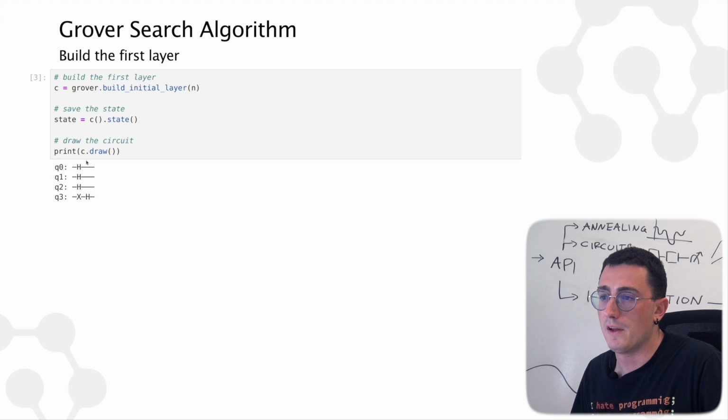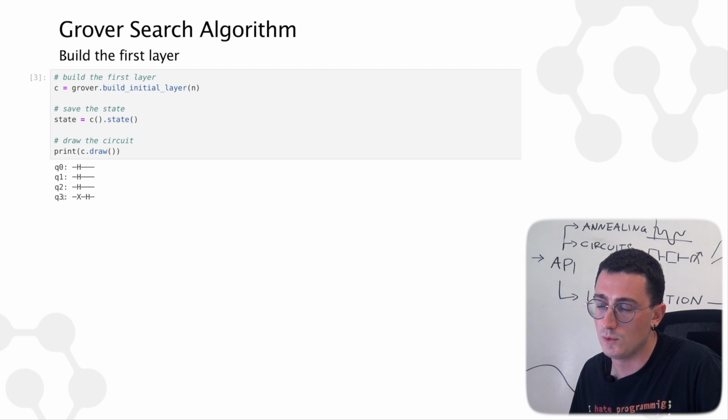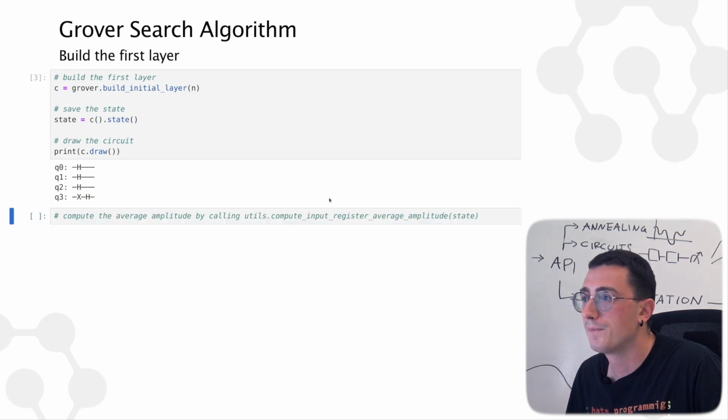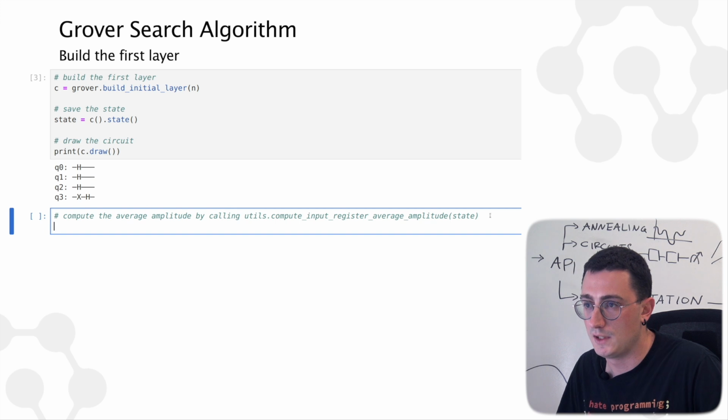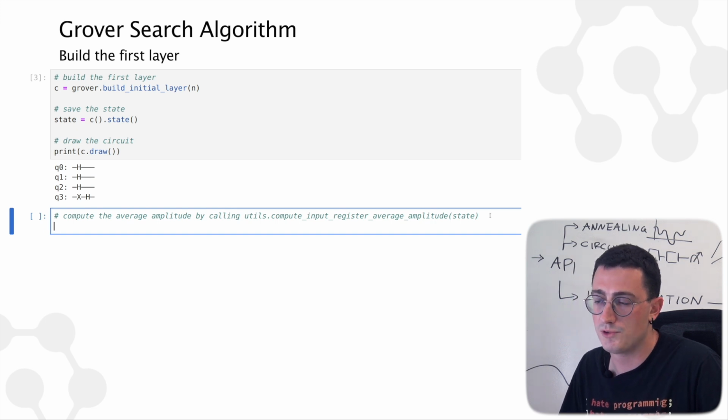As you can see, we have one X gate here, which is moving the ancilla from the state 0 to the state 1, because, as you probably remember, every qubit is by default set in the 0 state. And then we apply the Hadamards to build a superposition. We can also save the average value of the amplitude of the input register. This is useful just to have a look to what is going on with the amplitudes.